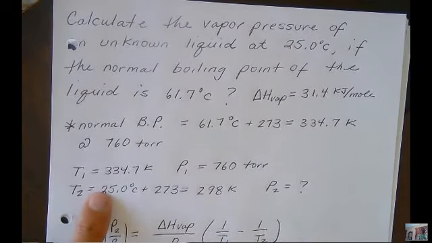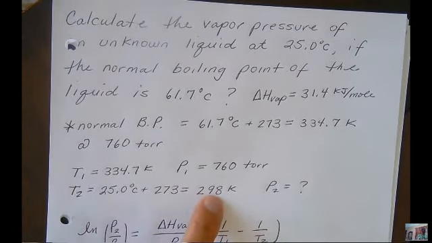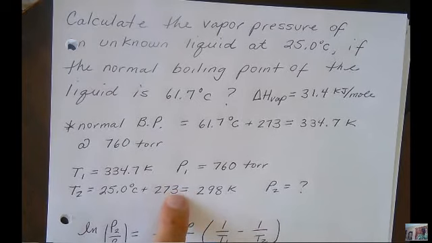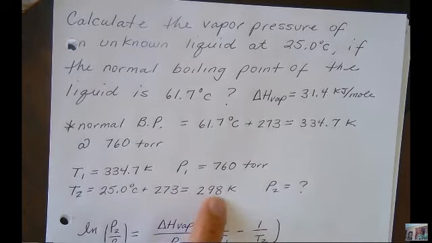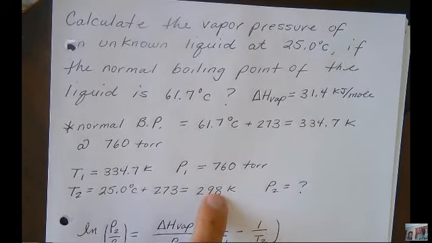What's T2? Well, they want to know what the vapor pressure would be at 25 degrees Celsius, which is a typical experimental temperature, right? And 25 degrees Celsius translated to Kelvin is 298. You have to just add 273 to it. So what are we solving for? We want to know the pressure when the temperature is at 298.